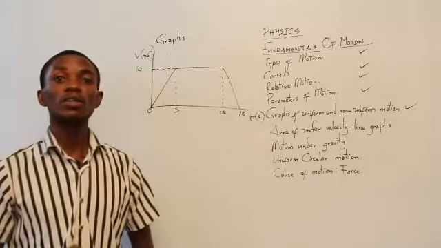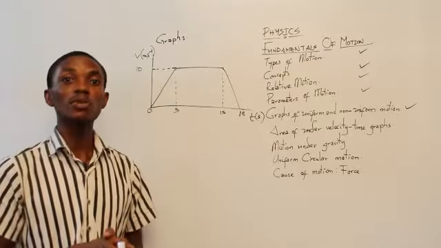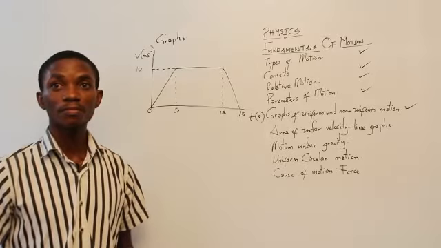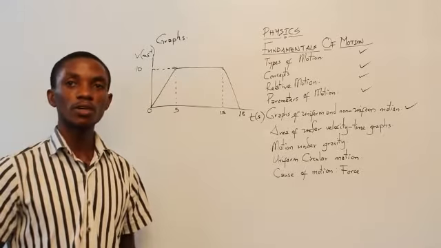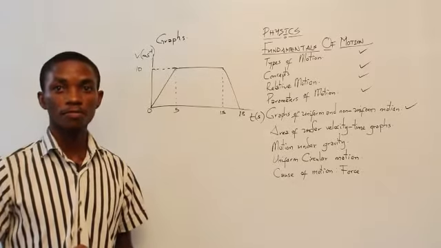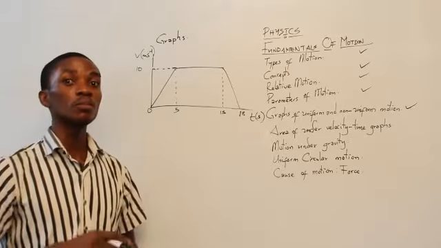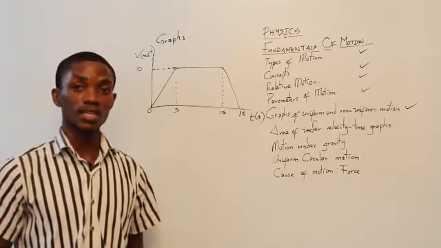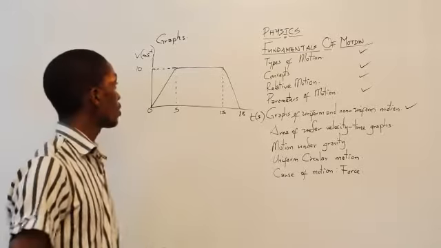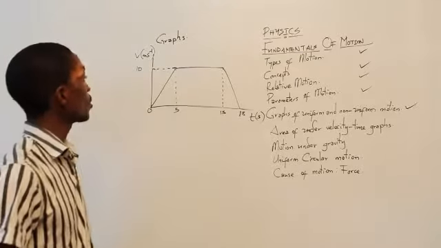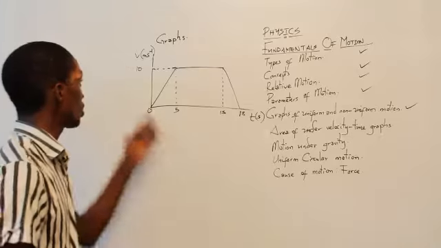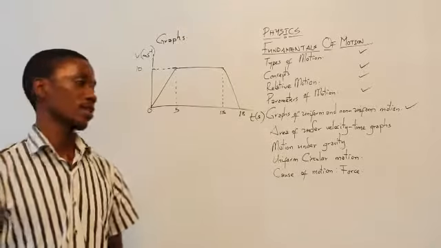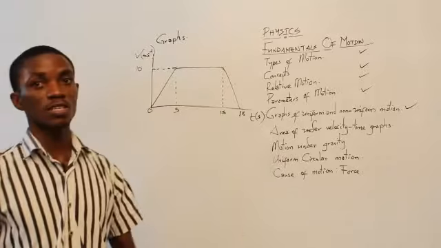Let's take a deeper look at the velocity time graph, because that is what we'll be working with in most of the questions we are likely to encounter in our examination. I have one on the board showing a vehicle reaching a velocity of 10 meters per second. A number of questions can come out of this.